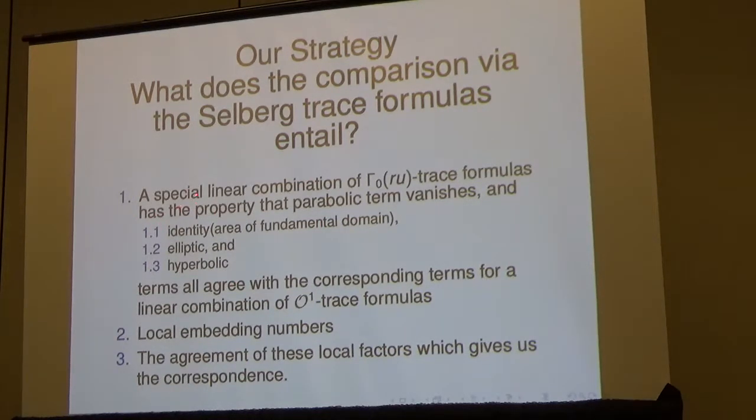What we want to show is that a special linear combination of these gamma 0 RU trace formulas has the property that the parabolic term vanishes, and when we look at this, the identity term, the area of the fundamental domain part of what we just described, the elliptic term and the hyperbolic terms all agree with the corresponding terms for an associated linear combination of the trace formulas for the co-compact group.